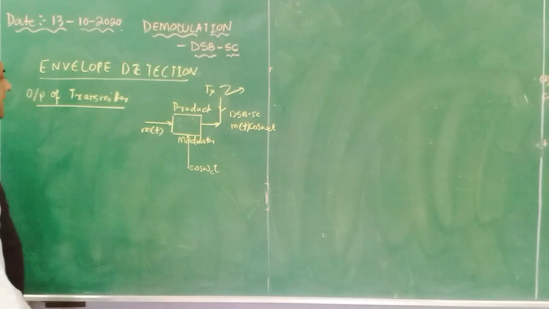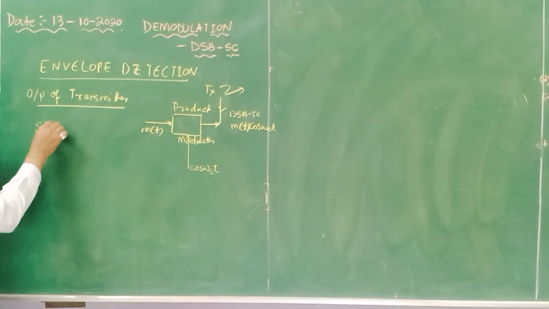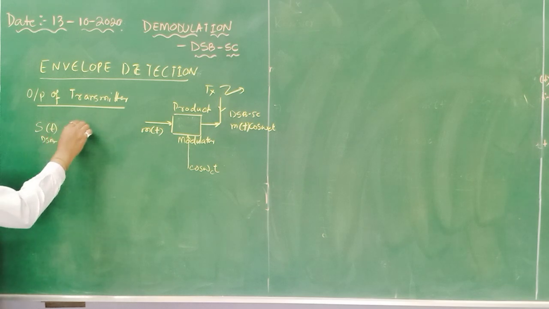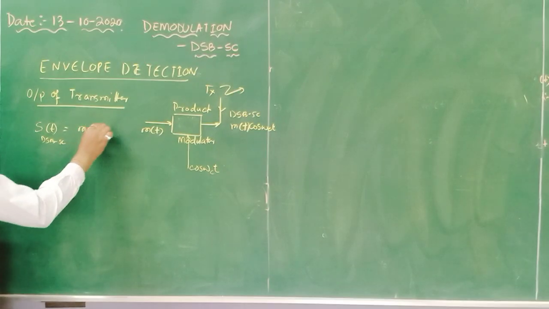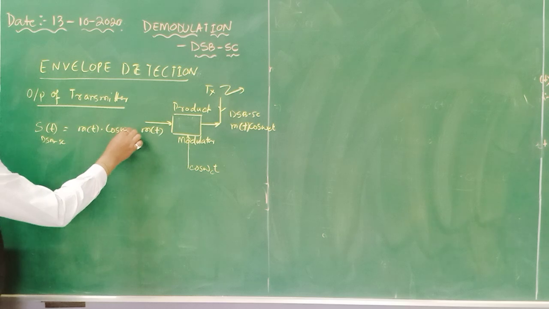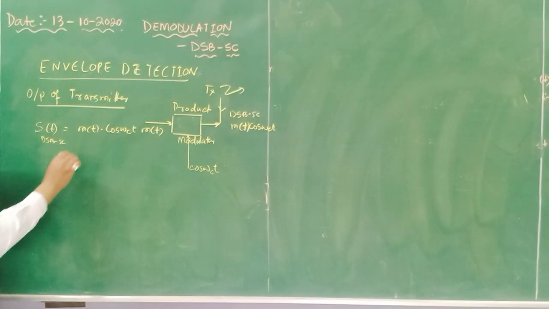So s of t, the DSB-SC signal, equals m of t cos omega ct. Only the sidebands are available.